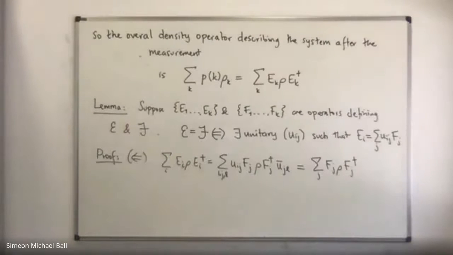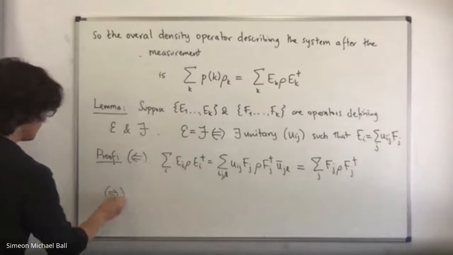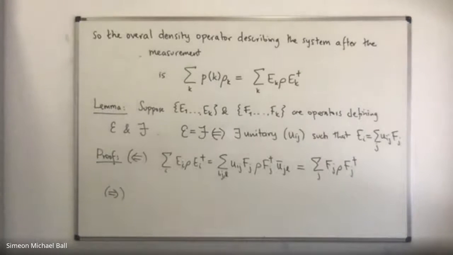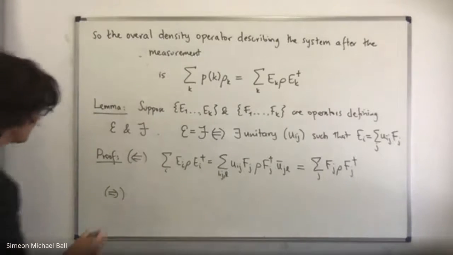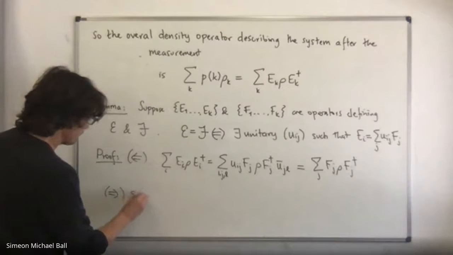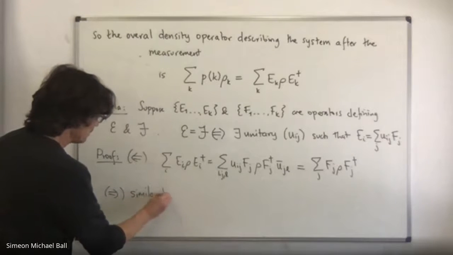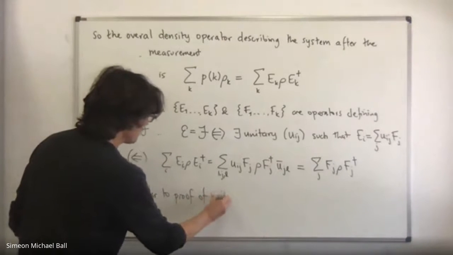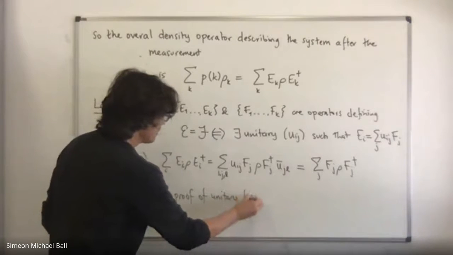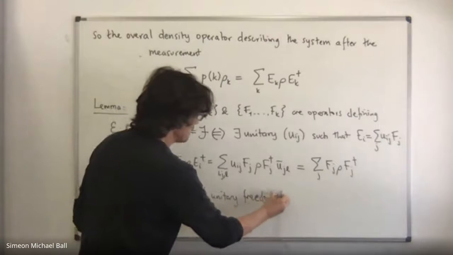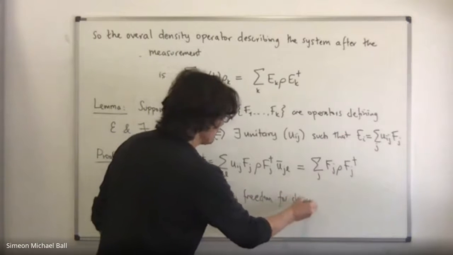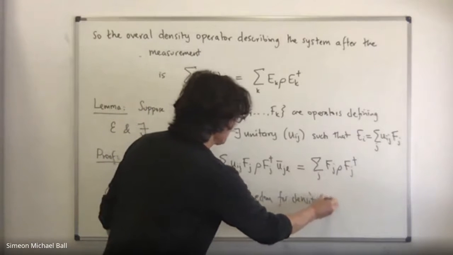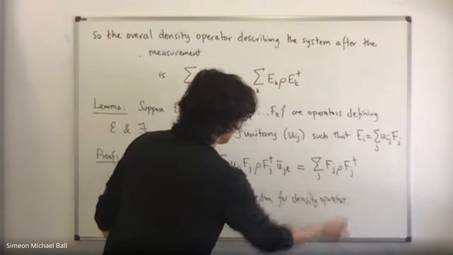Okay, so the usual tricks that we saw before, and indeed we saw this in an earlier theorem. So this is in fact similar to the proof of unitary freedom for density operators.